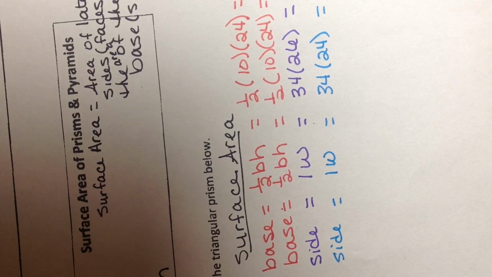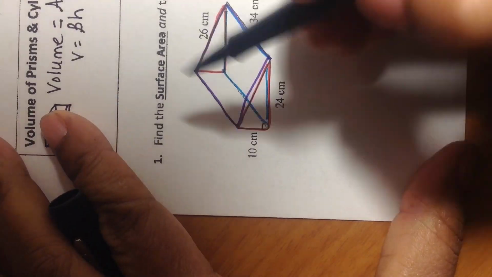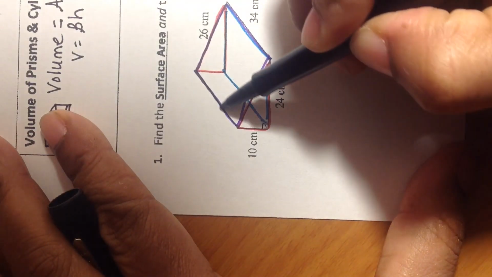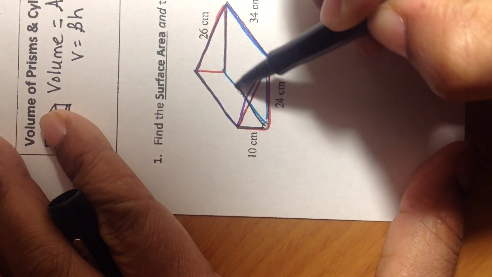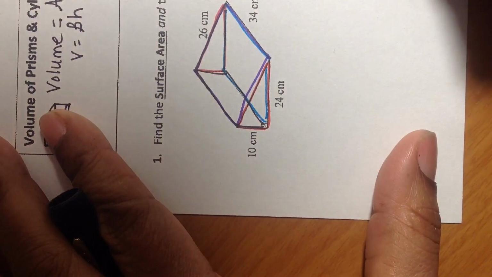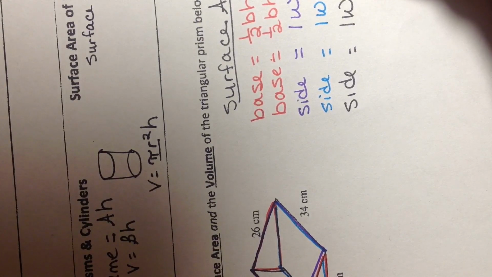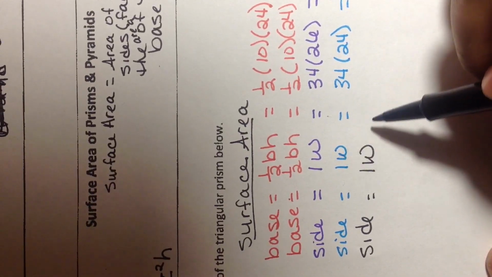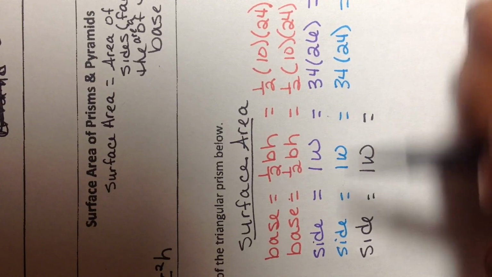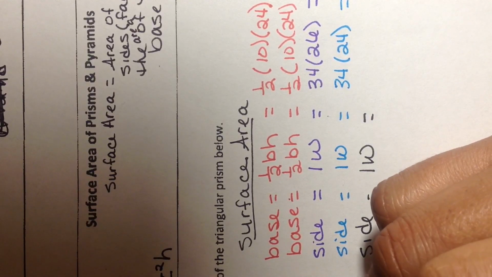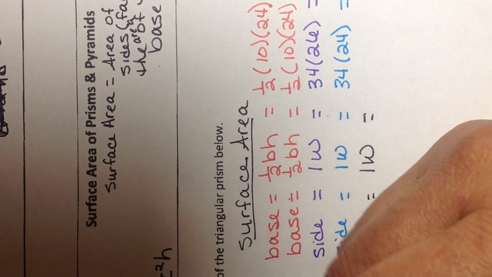So not quite done. I see one more side over there. I'll just highlight this one black, which is this side right over here. That side is also in the shape of a rectangle, and the area of a rectangle is length times width. The length of that is 34, the width of that is 10.